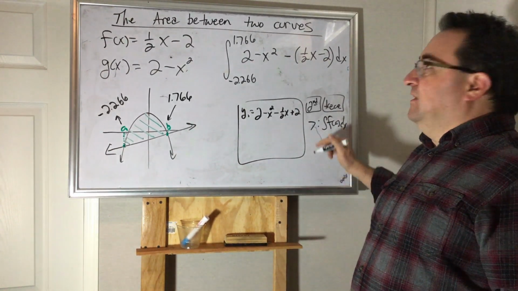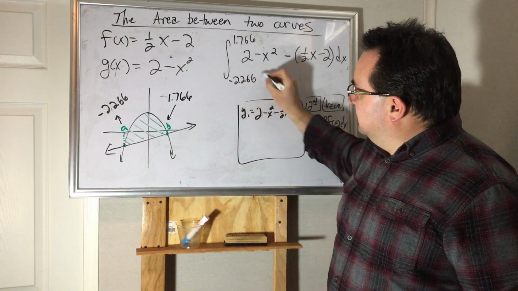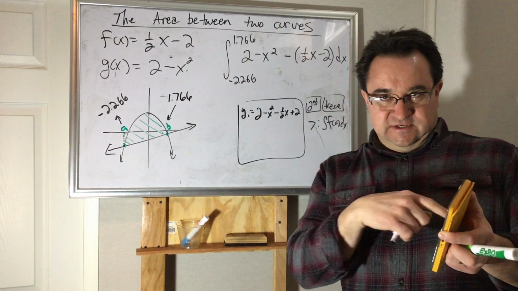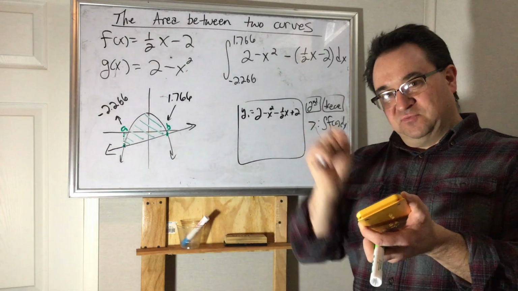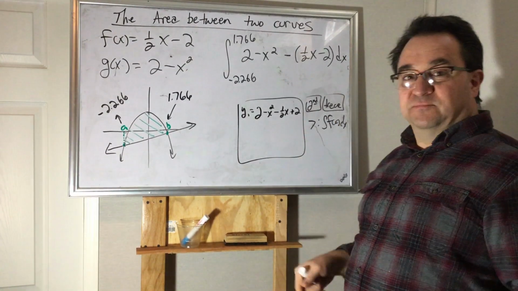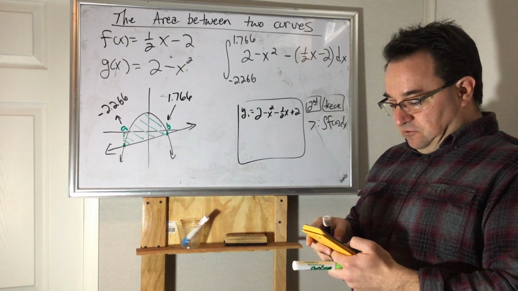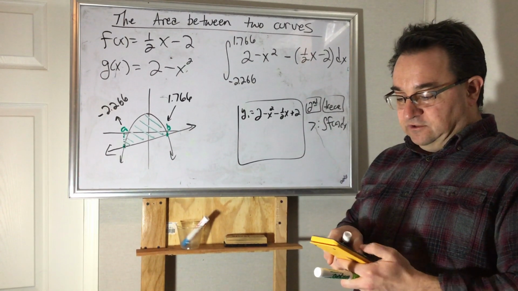And when you do that, it's going to say low boundary, and you can type in negative 2.266 and press enter, and then it'll say upper boundary, and you'll type 1.766 in and press enter, and then it will compute the integral for you. So I need to punch this in real quickly to get our answer, so you can check it yourself while you do it at home.